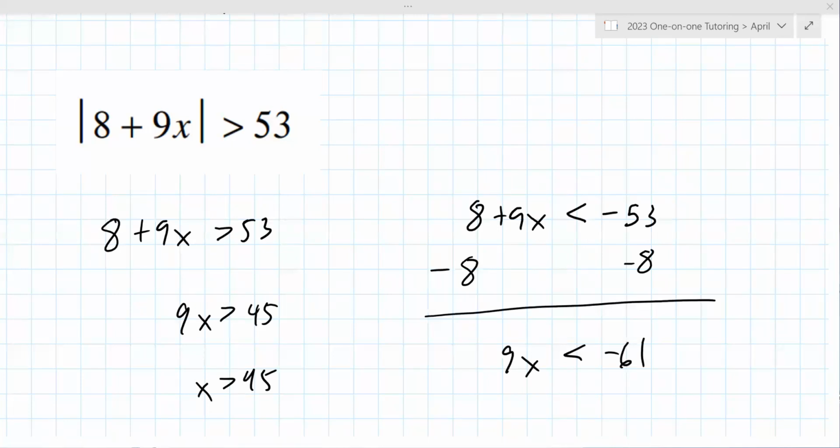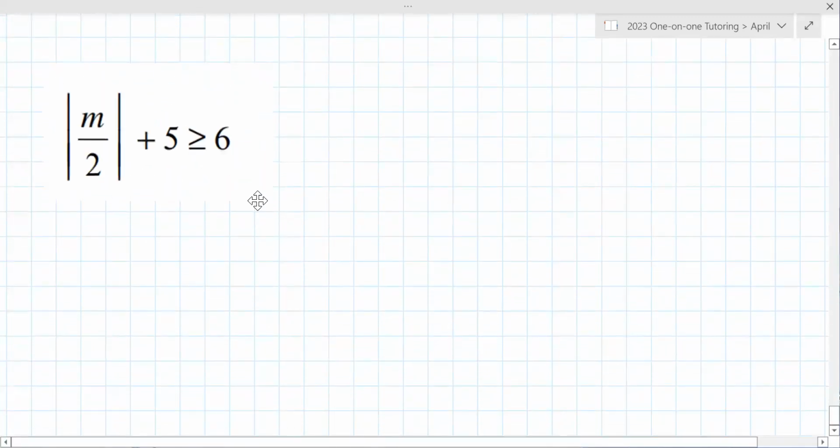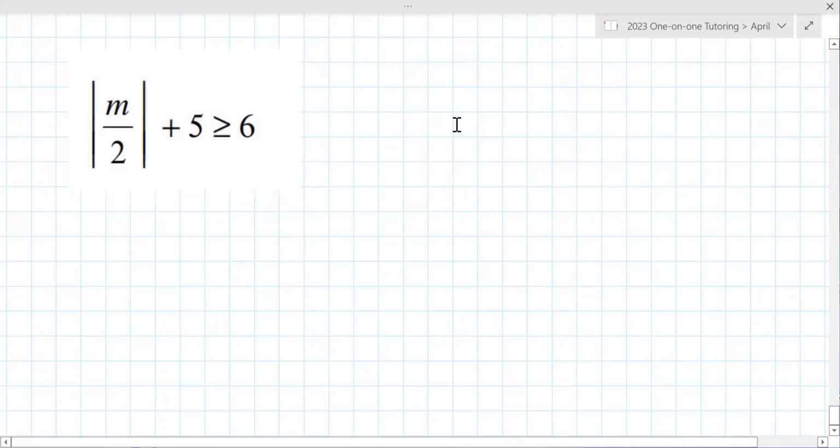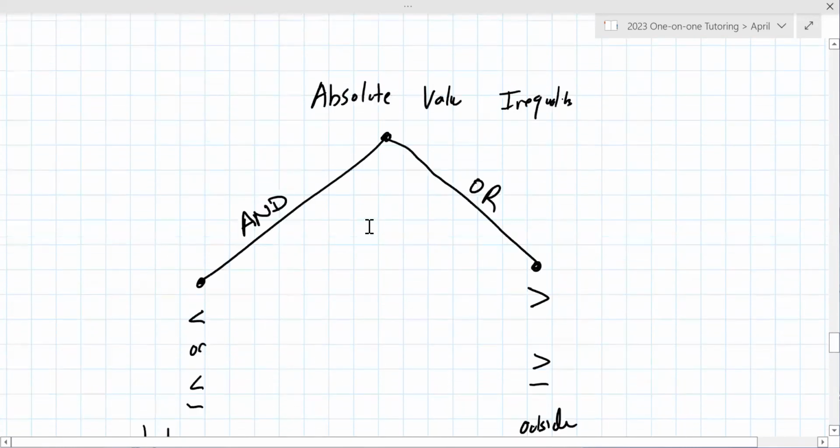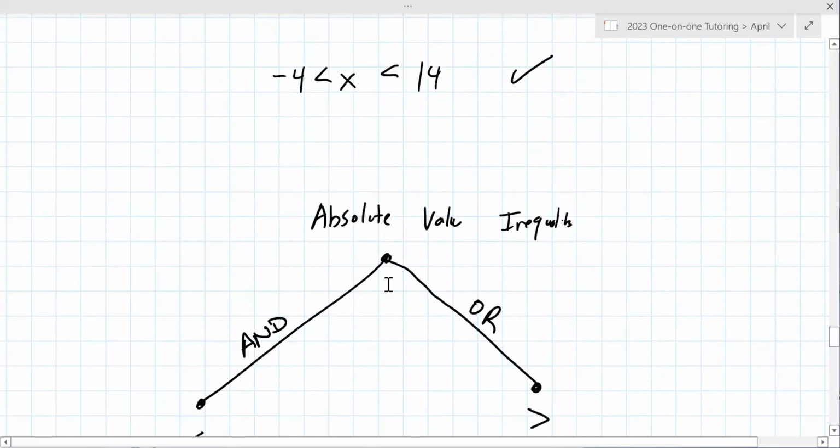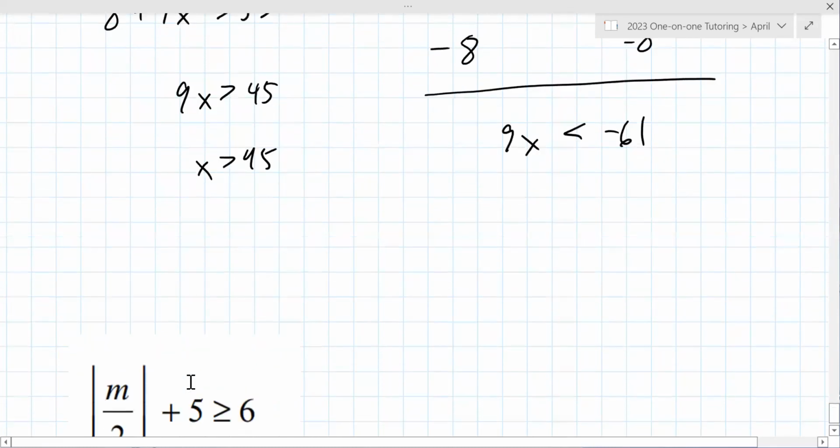Okay, so let me throw something in front of you that you probably haven't looked at today, but you still know enough to be able to solve something like this. There's not a gap here in terms of having not seen this setup. Like I talked about before, before you can decide which branch you're going down, before you can decide if you're going left or going right, you have to solve for the absolute value.